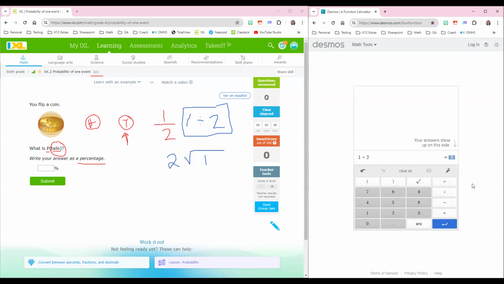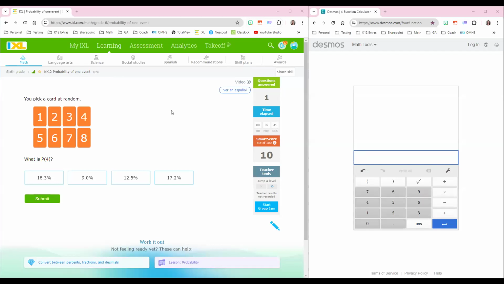Think about it: a century is 100 years, or there are 100 cents in a dollar. So per cent means per 100. You can take a decimal and multiply by 100 and it converts it to a percent for you. So the probability of you flipping the coin and it landing on tails is a 50% chance.